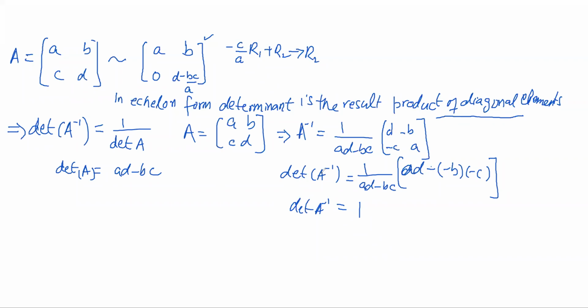The determinant of A inverse should be, according to this formula, 1 over AD minus BC, so this value should be 1.